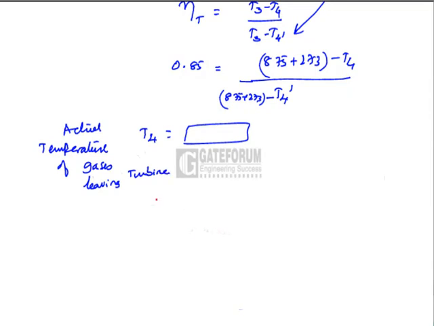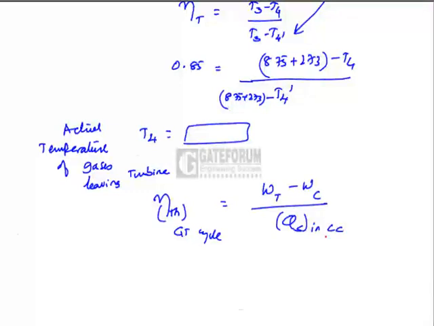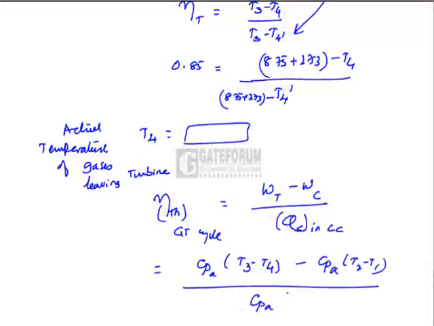from which thermal efficiency of gas turbine cycle could be obtained as work of turbine minus work of compressor divided by heat supplied in a combustion chamber, that is Cp of the air into (T3 minus T4) minus Cp of the air into (T2 minus T1) divided by Cp of the air into (T3 minus T2).